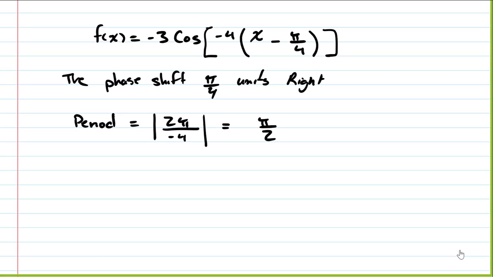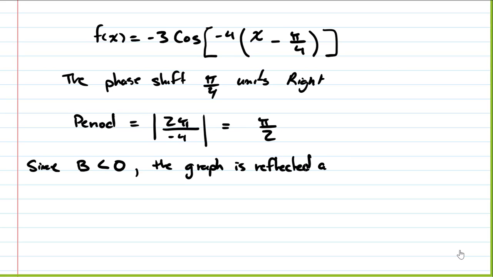So our wave's going to have a period of pi over 2, and since b is negative, the graph is reflected across the y-axis.